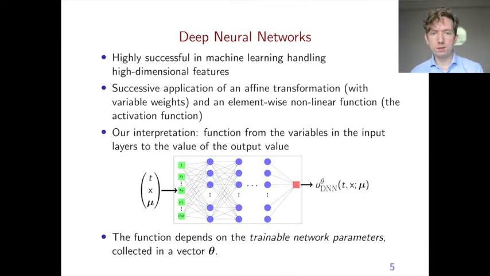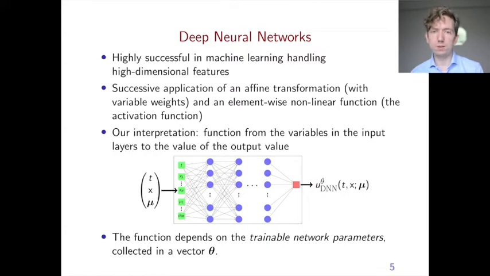Let me briefly introduce deep neural networks. As mentioned, they became popular due to their enormous success in machine learning, where they efficiently handle high-dimensional data. In a nutshell, neural networks can be considered to be a successive application of an affine transformation and a fixed nonlinear function, which is applied element-wise.